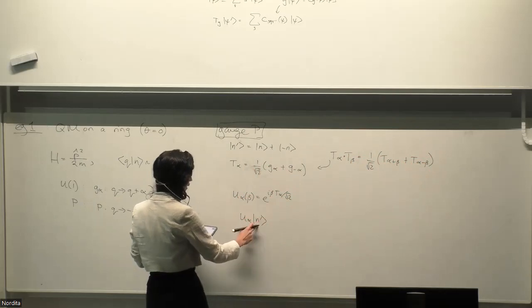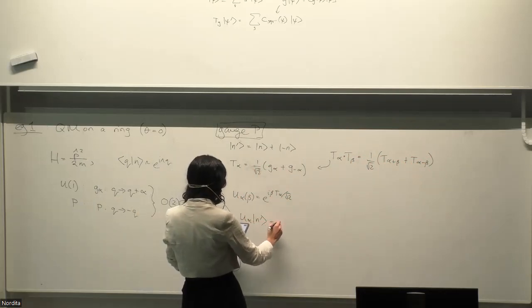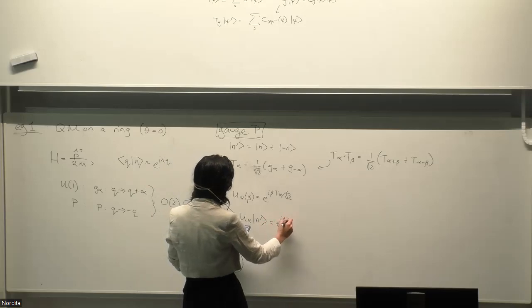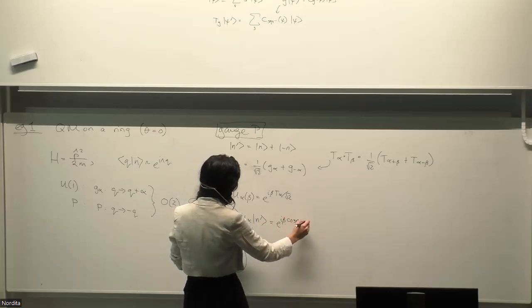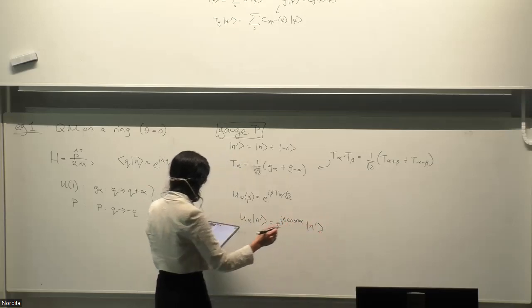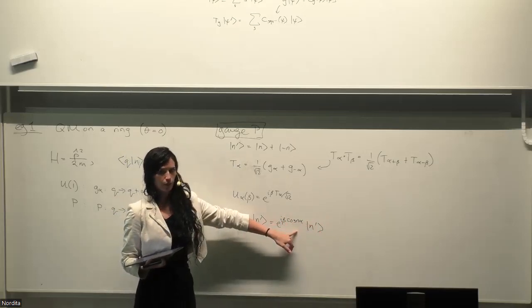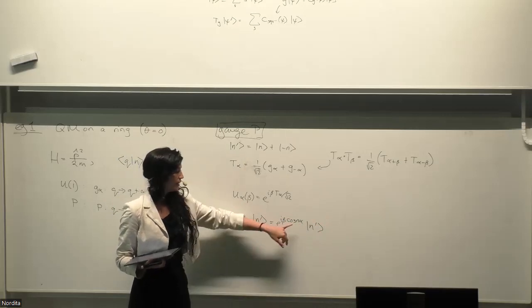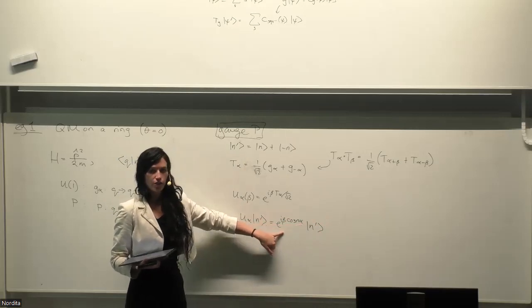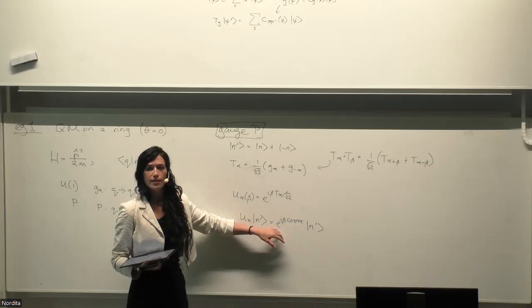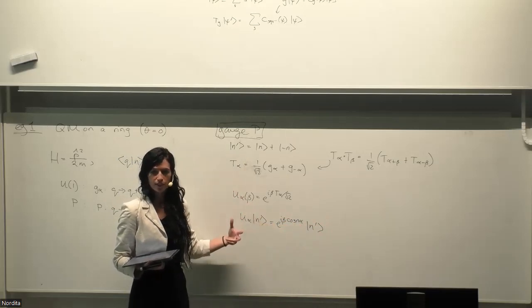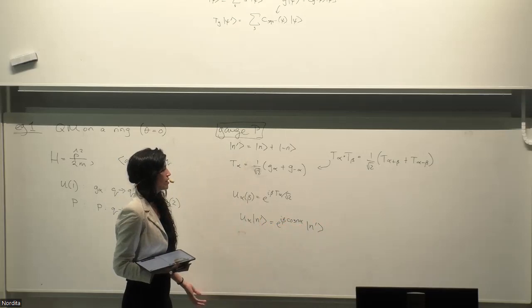So n prime, our new gauge invariant states, is e to the i beta cosine n alpha times n prime. So the charge of state n prime is cosine n alpha, which means that for generic alpha, this is going to be an R action. There'll be no consistent way to normalize it so that it's a U(1) action on all states. There are some exceptions.